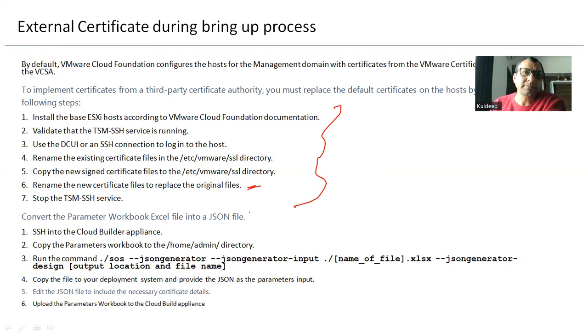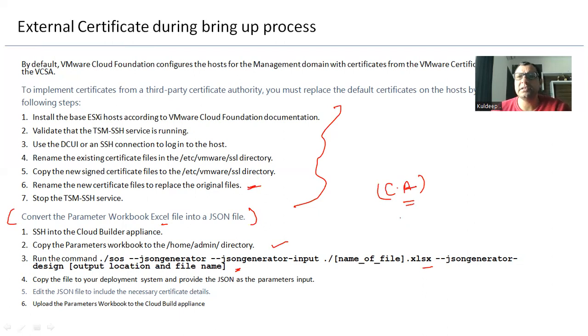Later, if you are using an external CA, convert the deployment parameter Excel sheet using Cloud Builder. This is the command: go to Cloud Builder and run this command. Your Excel will convert into a JSON file. Edit that JSON file and add the details of your certificate authority before uploading it as the deployment parameter sheet.